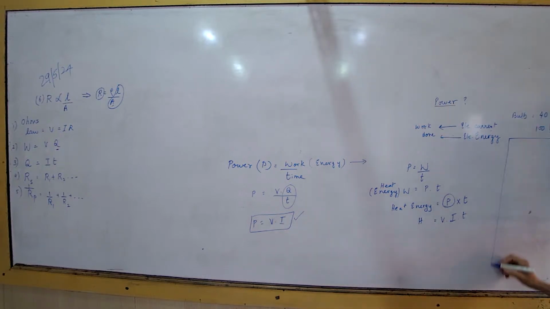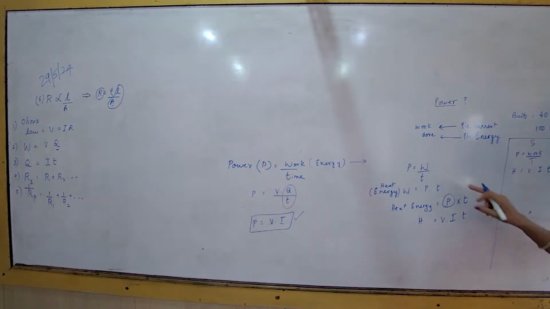On this side, for part 2, you have another set of equations. We have seen power is equal to work upon time. The next thing that we have said is H is equal to V into I into T. We have also seen this where W, which is the work done, is nothing but P into T. These two are the same.